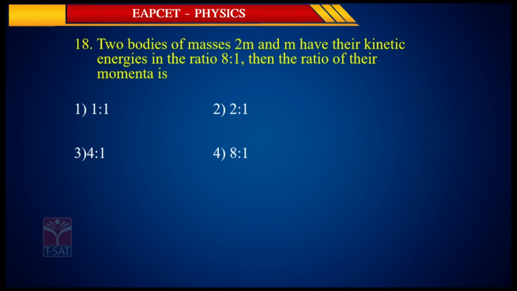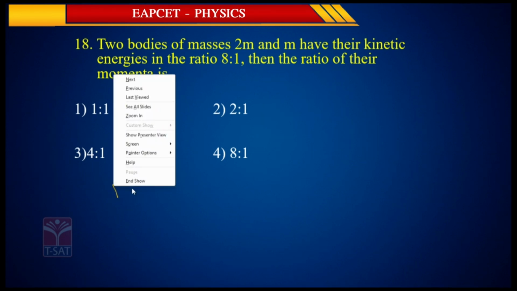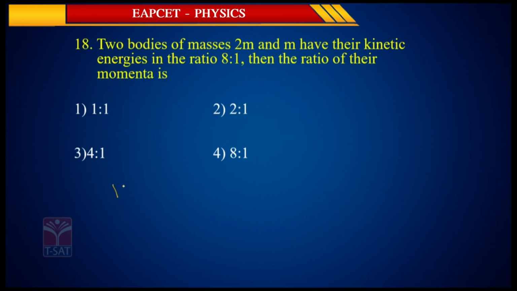Okay children, you know the relation between kinetic energy, mass and momentum. Kinetic energy is equal to p square by 2m, the formula.